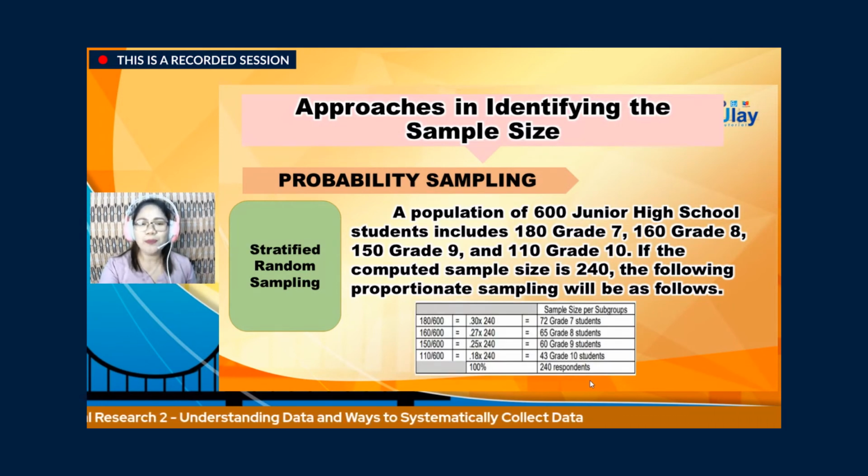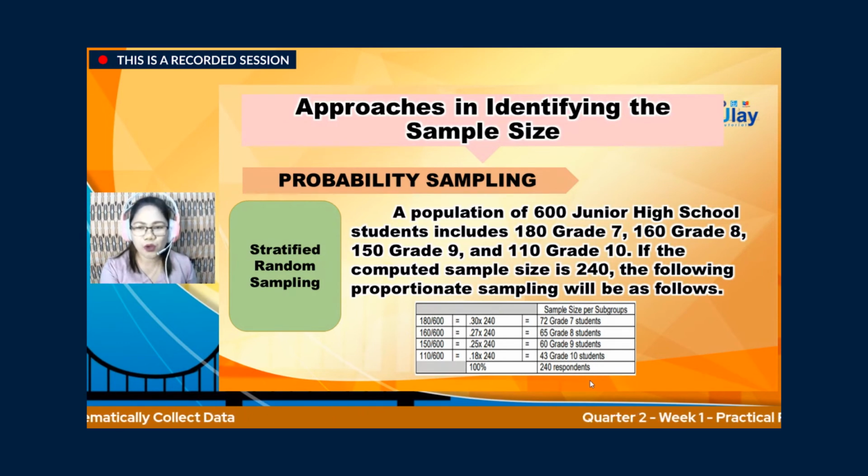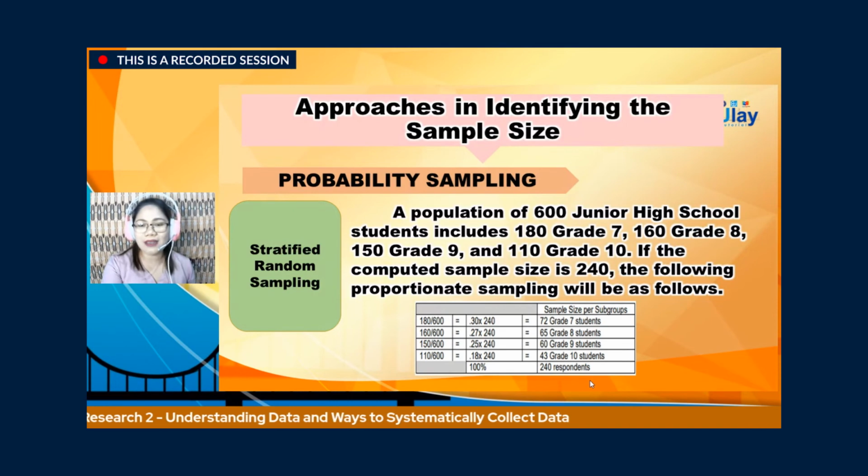So eto po ngayon yung division ng number of sample size per subgroups. So hindi siya equally divided. So, sa grade 7, 72, grade 8, 65, grade 9, 60, and sa grade 10, 43 to satisfy yung number of samples natin na 240.